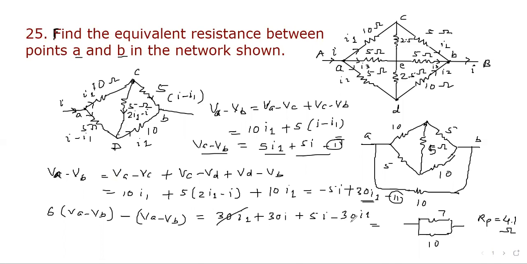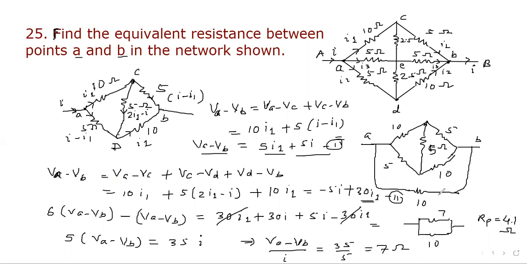So this 30I1 will cancel out. From here, 5 times VA minus VB will be equal to 35I, and VA minus VB, voltage divided by current I, will be the resistance, and that would be 35 by 5, which is 7 ohm. Hence, we have got this as 7 ohm, and then we have evaluated.